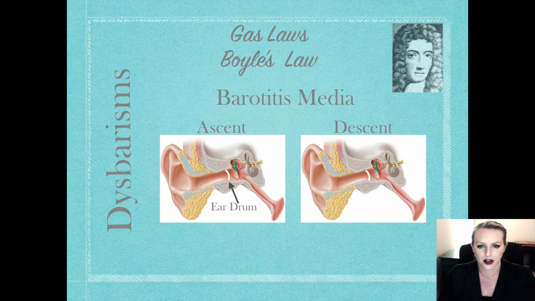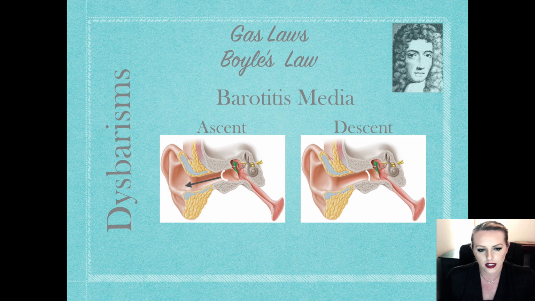So now a really fun one, barotitis media. So just for giggles, let's say that that is the eardrum. I'm very well aware that the eardrum is back behind there, but for illustrative purposes. So that's our eardrum. When we ascend, the pressure on the outside of that eardrum becomes less.